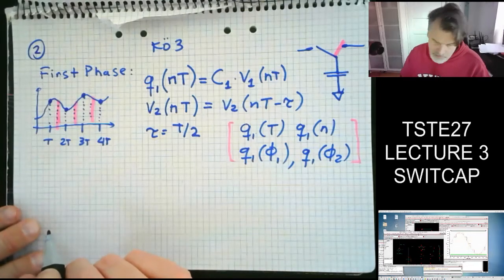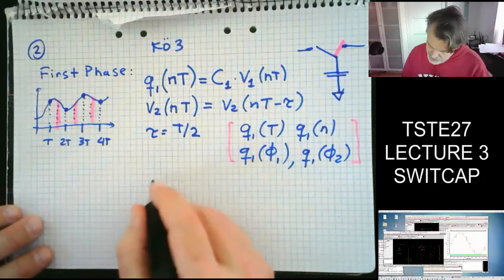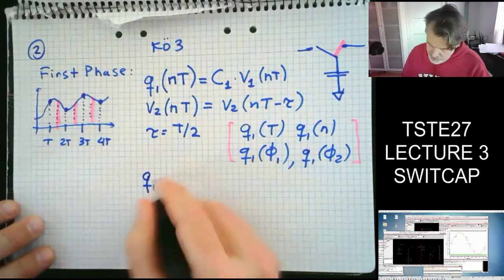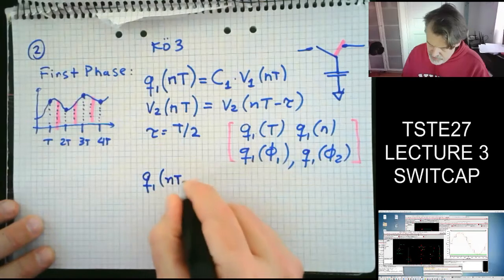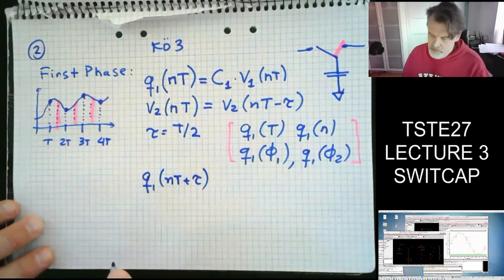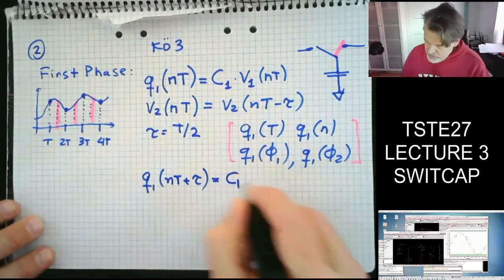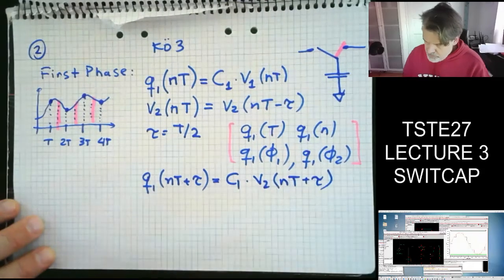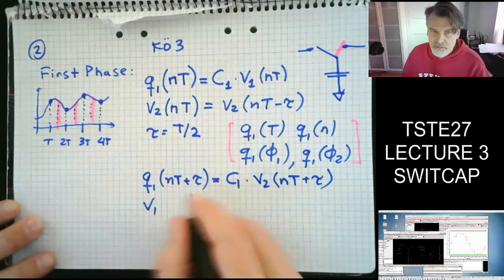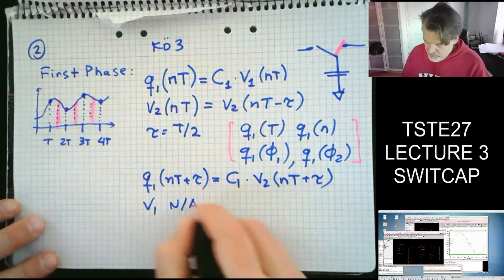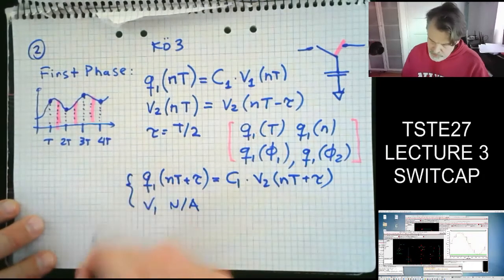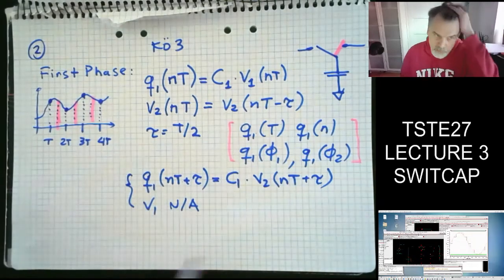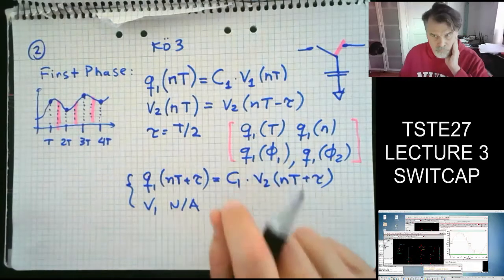V2 we do care about, because we can now say that Q1 of NT plus tau is going to be equal to C1 times V2 of NT plus tau. And V1 is just not applicable in this scenario. It's going to be applicable in other cases when we have more complex networks.